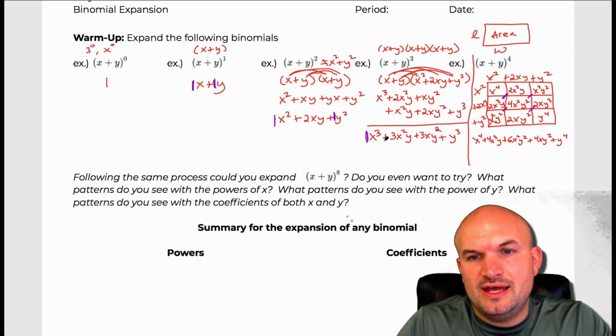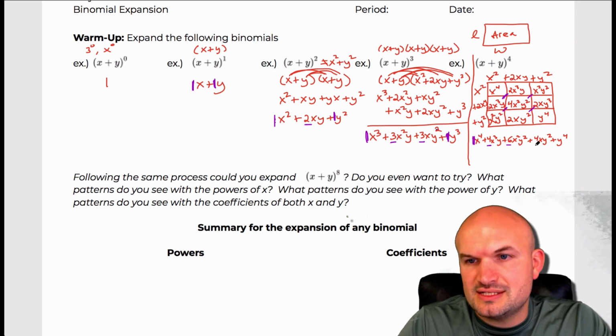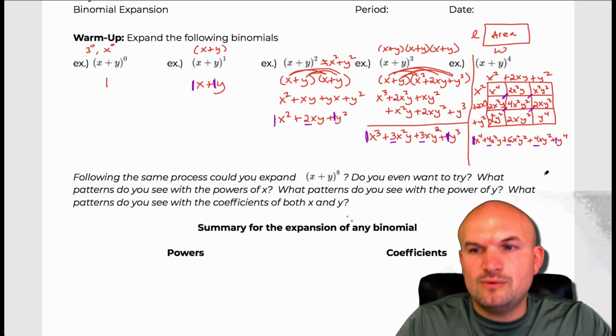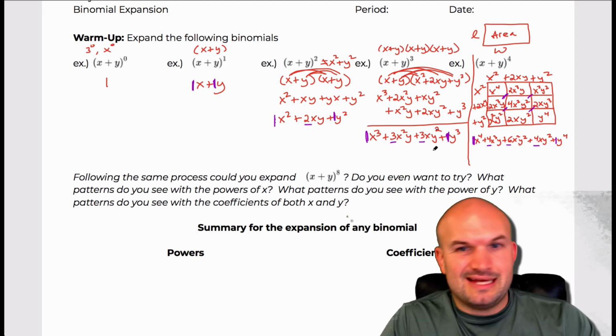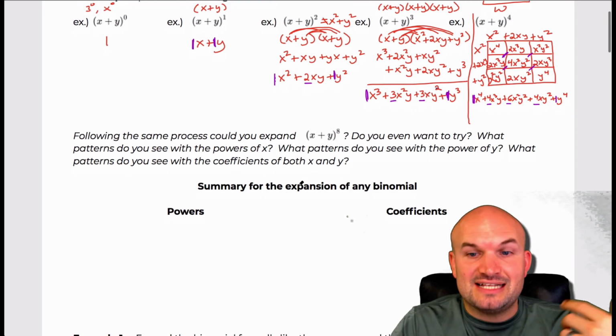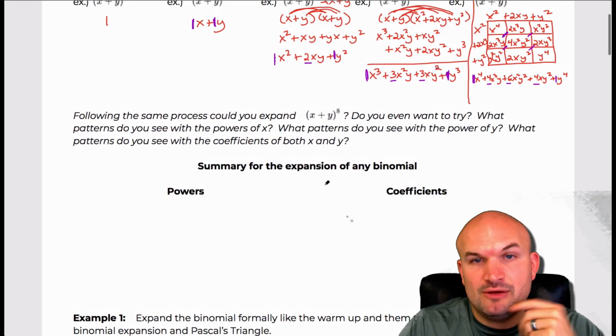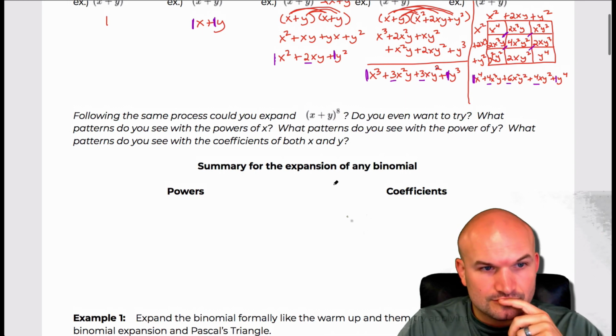Here we have a 1, a 3, and a 1. And here we have a 1, a 4, a 6, a 4, and a 1. Now, you might say, well, I'm not really seeing any patterns. But that's what we want to do, maybe rearrange this in a way that would make a little bit more sense.